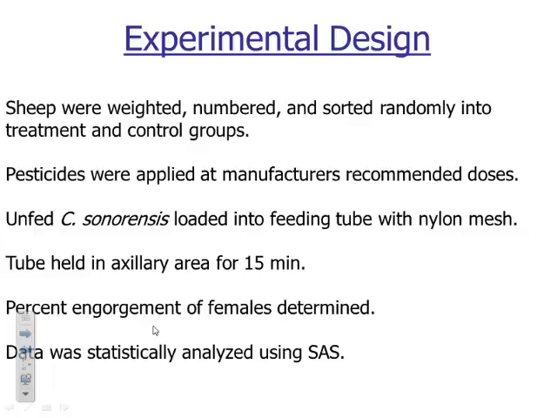So we had a bunch of randomly assorted, weighed, numbered sheep, and looked at manufacturers' doses. Most of these were not approved for sheep use, so we had to pretend the sheep were calves, but dosage-wise, do that. Then we would take unfed Culicoides sonorensis from a colony and put them in tubes.